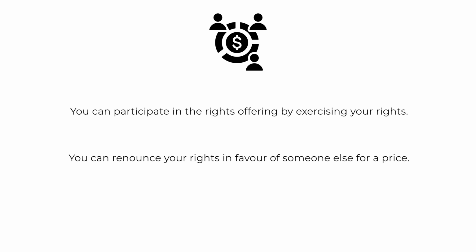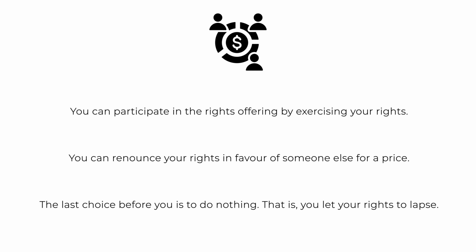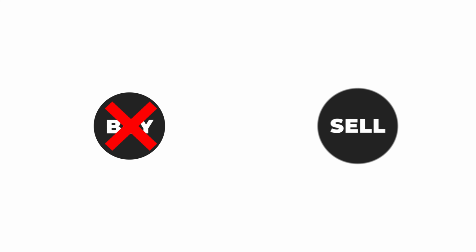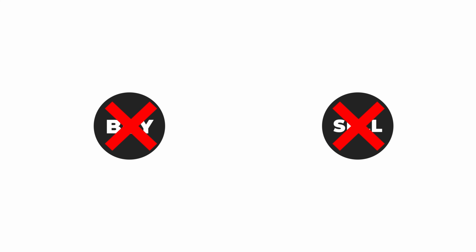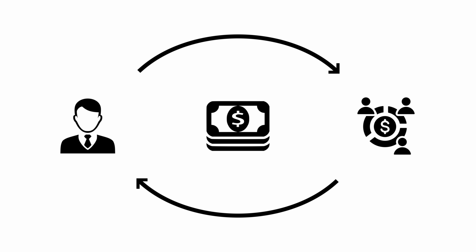And finally, the last choice before you is to do nothing, which means you let your rights lapse. Now, if you neither exercise your rights to buy new shares nor sell off your rights, you are essentially leaving money on the table. This money gets transferred from non-participating shareholders like you to participating ones.